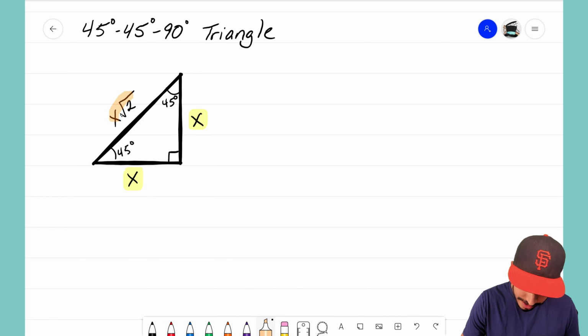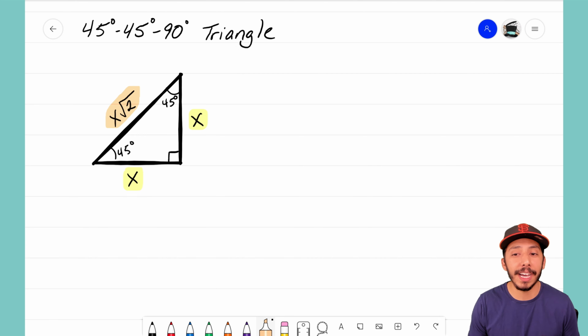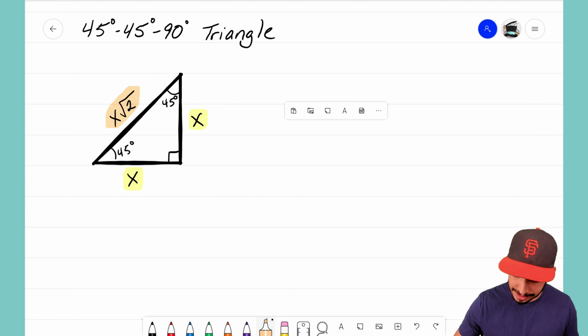No matter what 45-45-90 right triangle you come across, the hypotenuse and the legs will always have that relationship. Now let me show you an example problem of how we can actually use this shortcut to help us solve for some missing sides.